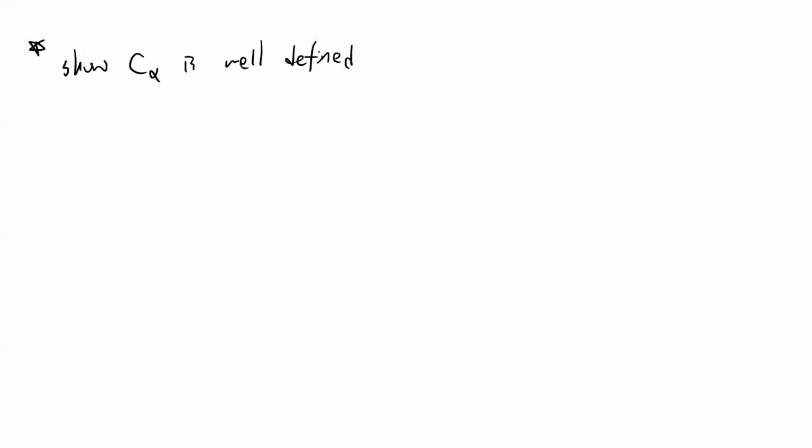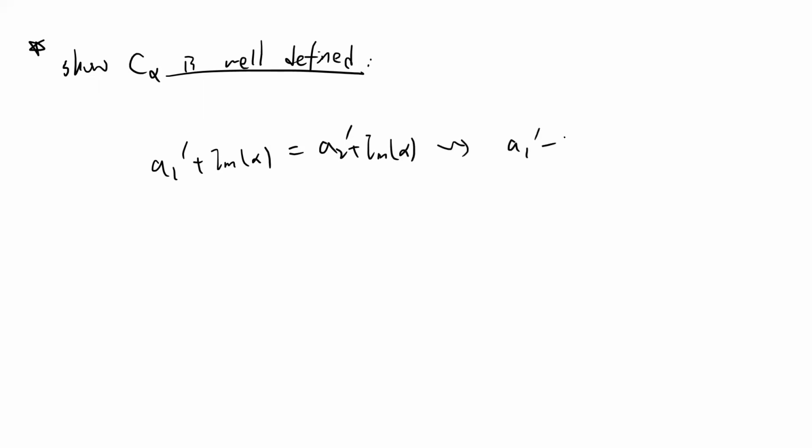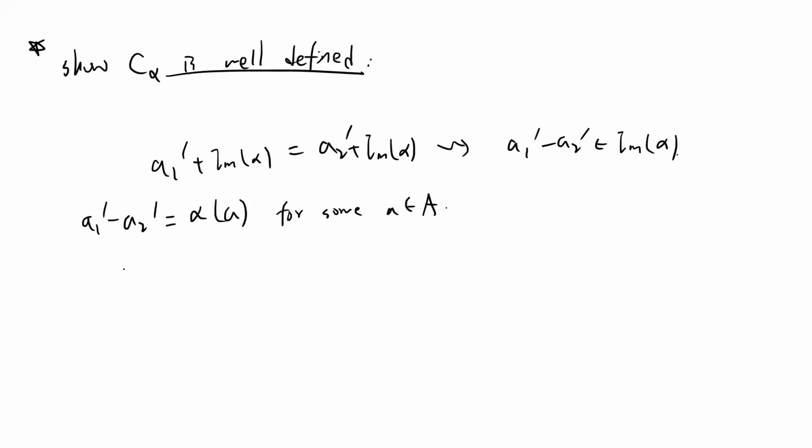Oh, by the way, this next lemma proof is very lengthy. Okay, so if you have A1 prime plus image alpha equals A2 prime plus image alpha, right? Then you know that A1 prime minus A2 prime will be in the image alpha, right? So that your A1 prime minus A2 prime will be alpha A for some A in A. Okay, so once you have this, then you take G A prime, A1 prime minus A2 prime will be G A prime alpha A. Because it's just right from here, right?